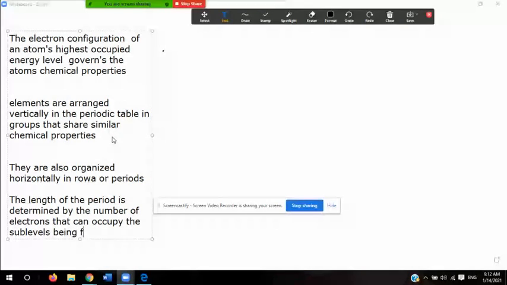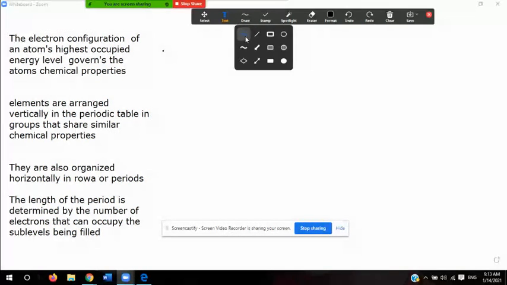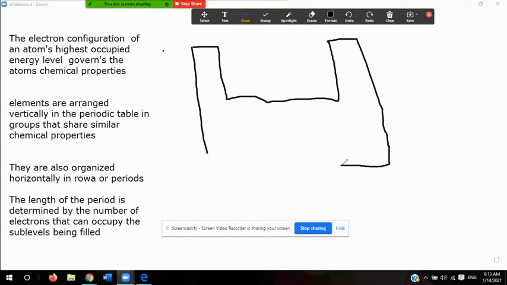So what I am trying to say is this: if you have a periodic table, and this is more or less what most periodic tables look like, depending on the textbook or if you look for one off the internet, they're arranged vertically in groups.